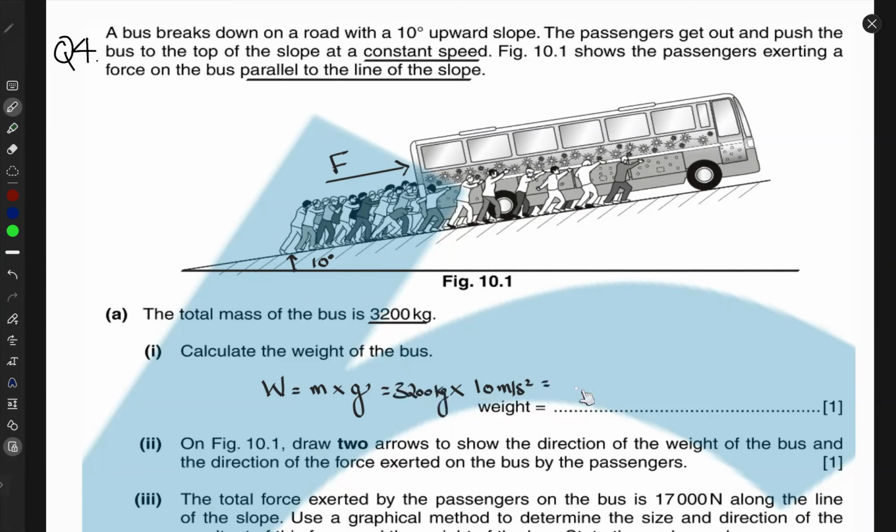So this gives you 32,000 kilograms meters per second squared, but this unit is called newtons. So that's 32,000 newtons. That was simple, right? Anybody have any problem with this part of the question?